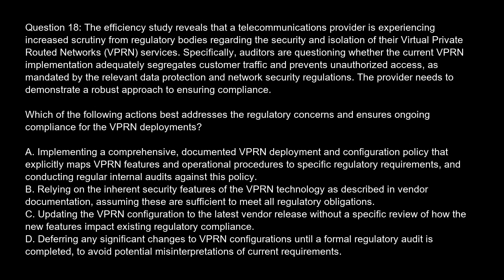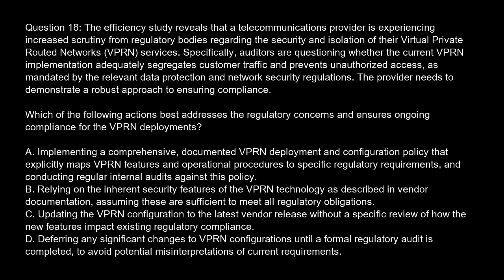Option A. Implementing a comprehensive, documented VPRN deployment and configuration policy that explicitly maps VPRN features and operational procedures to specific regulatory requirements, and conducting regular internal audits against this policy. Option B. Relying on the inherent security features of the VPRN technology as described in vendor documentation, assuming these are sufficient to meet all regulatory obligations.